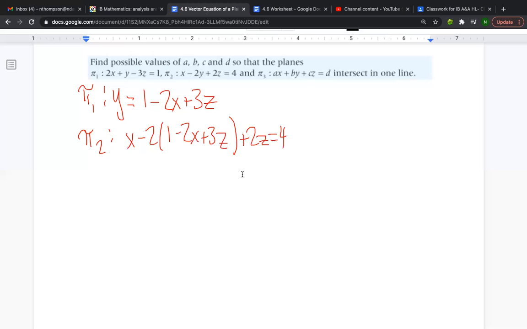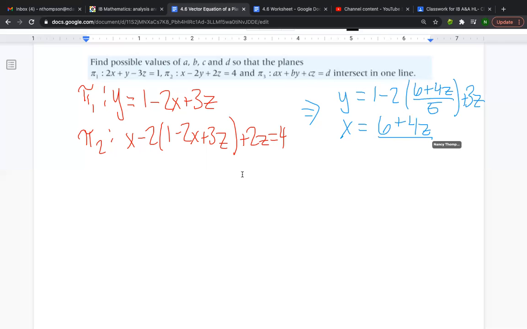From there, I can now solve that bottom equation and isolate the variable x in terms of z. If you solve it for x, you should get x equals (6 plus 4z) over 5.